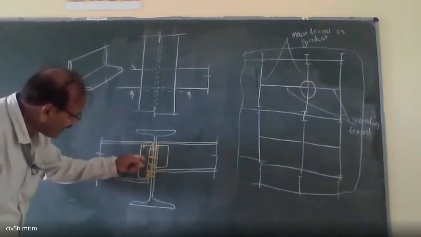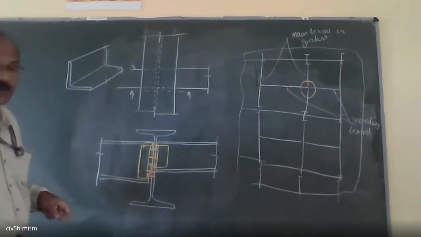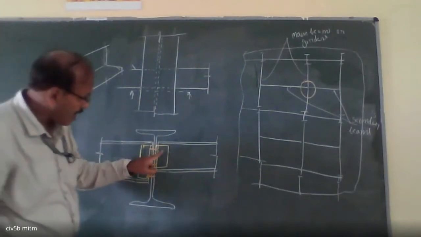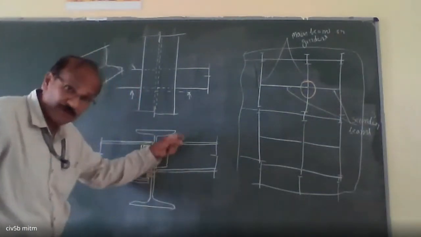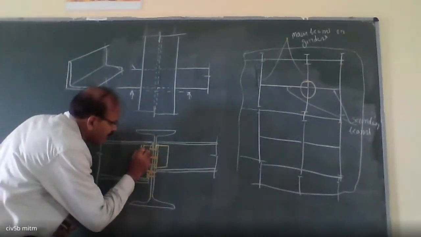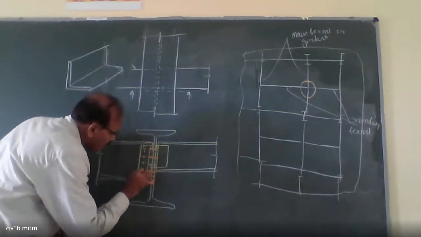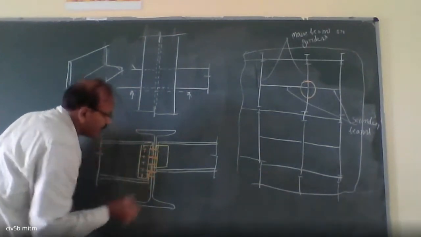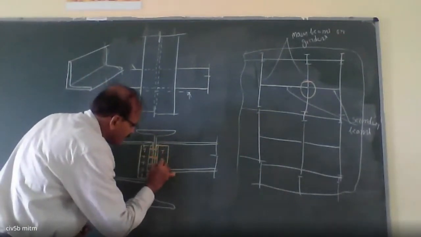However, we also need to connect this angle to the web of this secondary beam and to the web of this other secondary beam. So we are going to provide again some bolts, depending on the design requirement, like this.